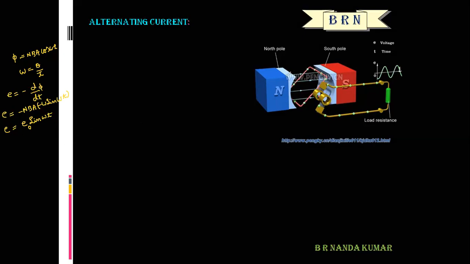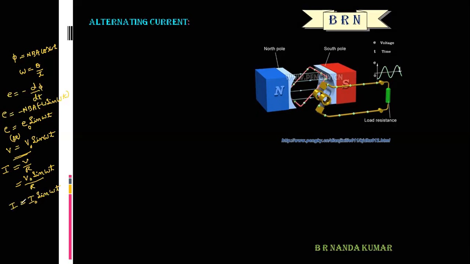It means the EMF induced in the coil at any instant of time. This can also be written in the form V is equal to V naught sine omega t. This is the mathematical expression for AC voltage, alternating voltage. And the current I is equal to V by R. So V is V naught sine omega t divided by R. So V naught by R is I naught.